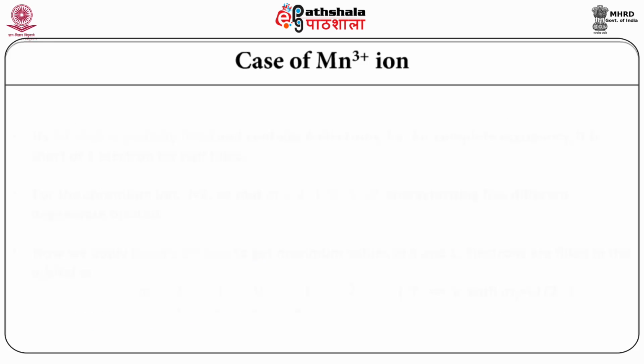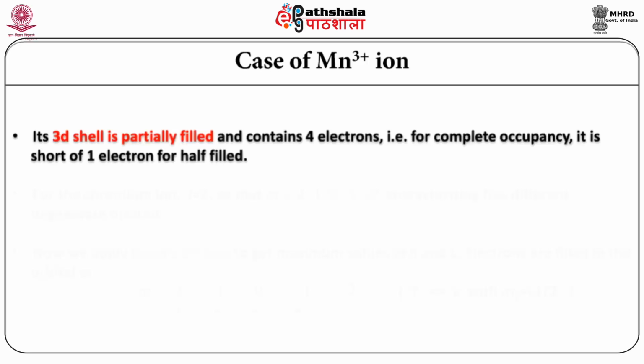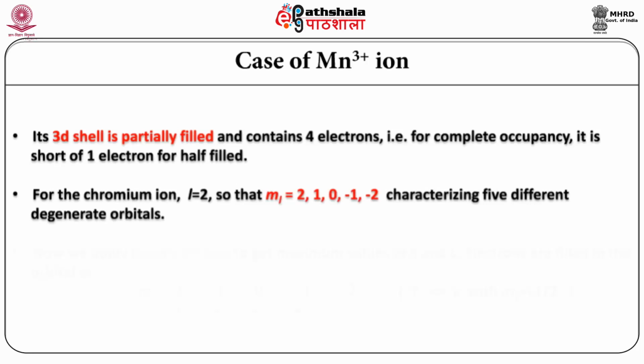Now the third case that we are considering here is the Mn3 plus ion. Its 3d shell is partially filled and contains 4 electrons. That is, it is short of 1 electron for half filling. As for the chromium ion, L equal to 2, so that ml equals 2, 1, 0, minus 1 and minus 2, characterizing 5 different degenerate orbitals.